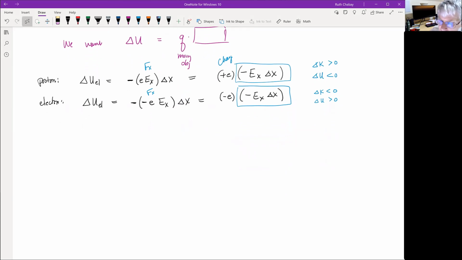So it's this quantity, minus E sub x delta x, that comes out being the same.